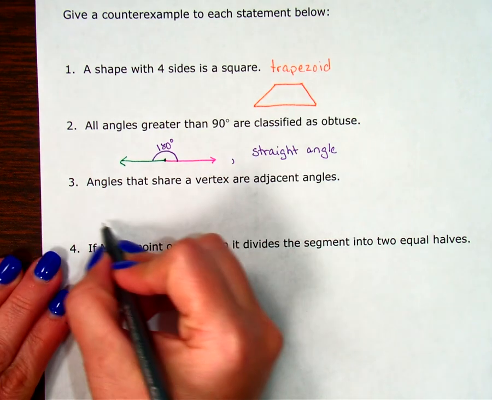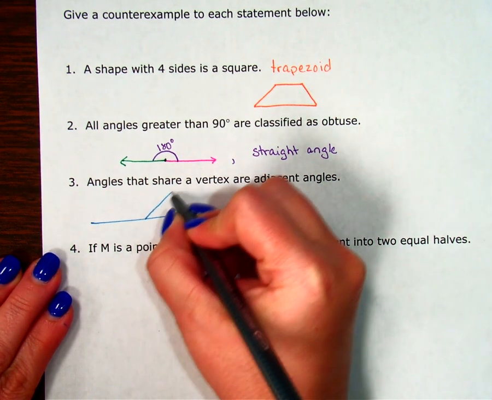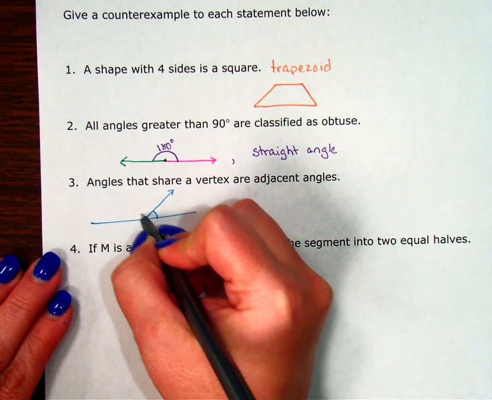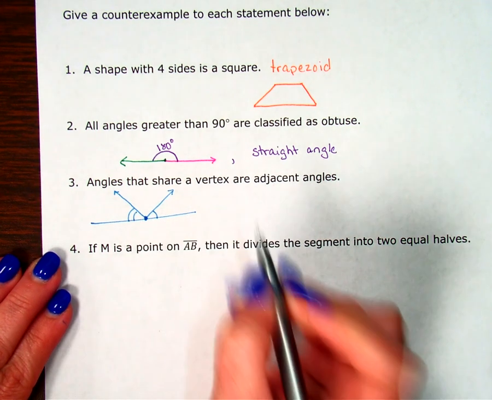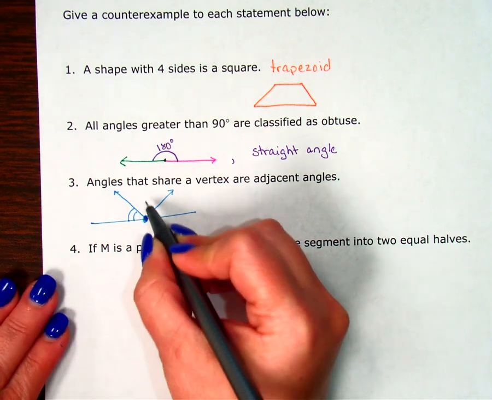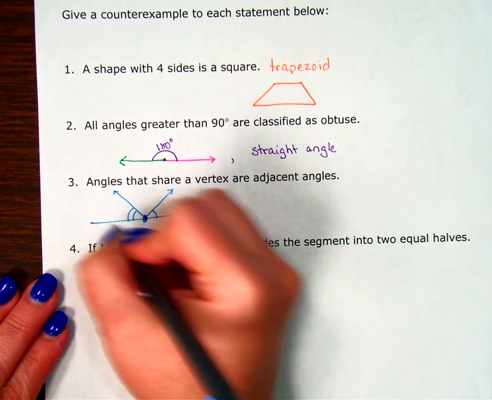So sometimes you have something that looks like here's a vertex and an angle, and then maybe here's another angle over here. They don't have to be the same size. They could be different. Okay? They both share this vertex, but these 2 angles are not adjacent because there's an angle in between them, right? So this would be a good counterexample.